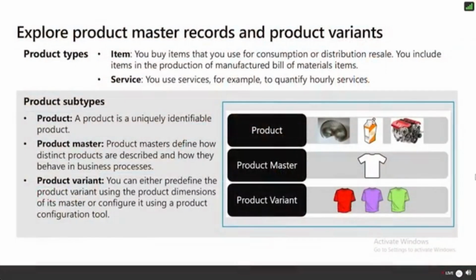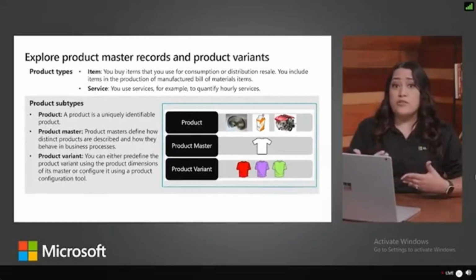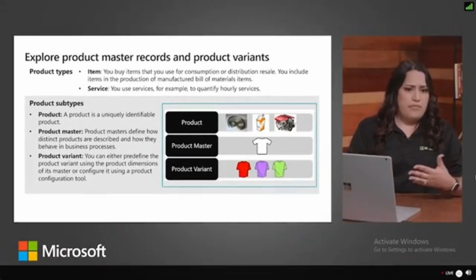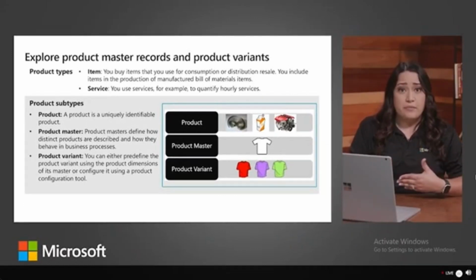Now, product information is the backbone of supply chain as well as commerce. You need a centralized way to store it so that it's accessible for all parts of your company. There are two different types of products that you'll be responsible for keeping track of in your organization. You'll need to track items. These are the things that you're using to sell or things that are used to manufacture that item.